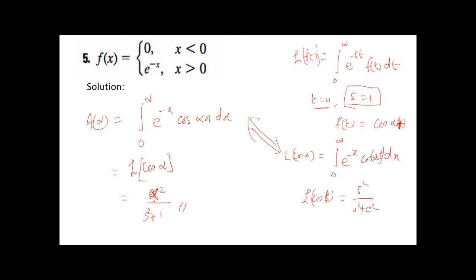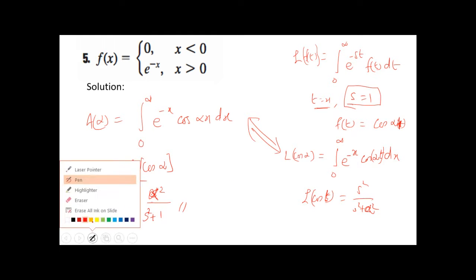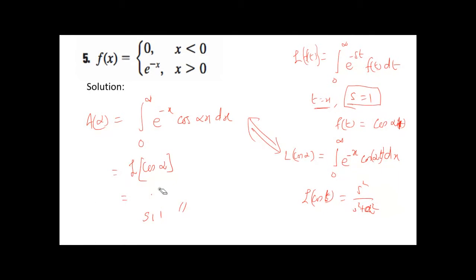Therefore, you should get s over s square plus alpha square. Isn't it clear? So with s as 1, it is 1 over 1 plus alpha square. That is A of alpha.